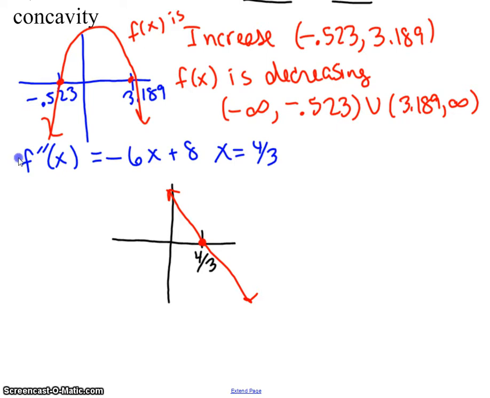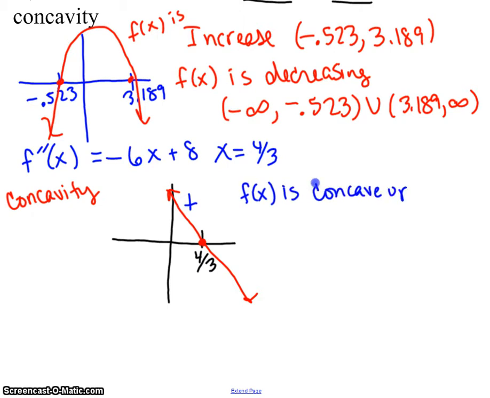And the second derivative, remember, describes concavity. When the second derivative is positive, it's concave up. And we're referring to f of x. F of x is concave up in negative infinity to 4/3.